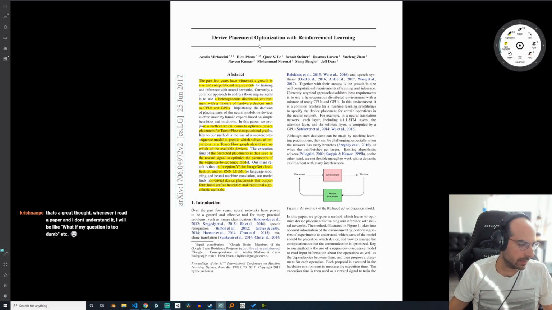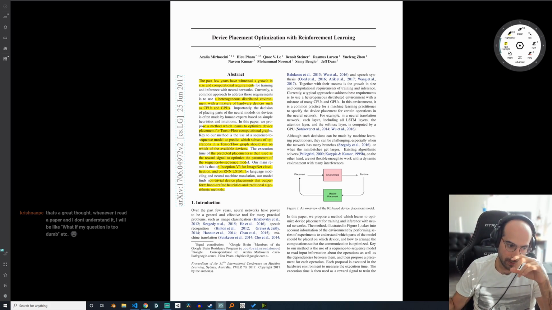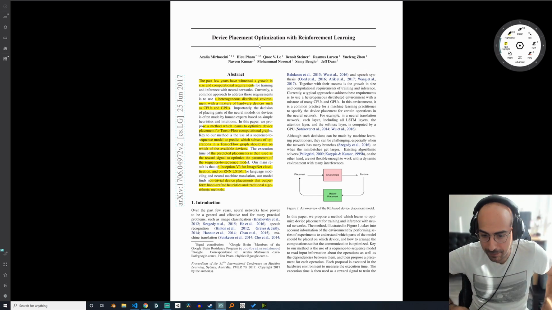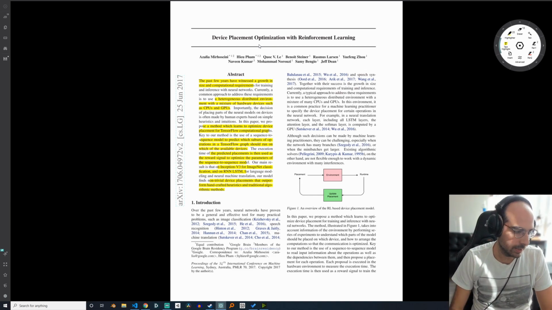Well, here's the thing. Christian's making an interesting point. He's saying, that's a great thought, but whenever I read a paper and I don't understand it, I'll be like, what if my question is too dumb? I think there is an art form to asking a question. You have to put yourself in the other person's shoes. What people hate is feeling like you didn't put in the effort yourself.